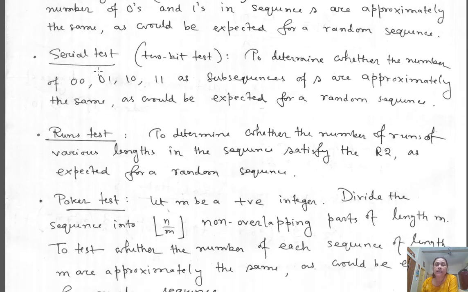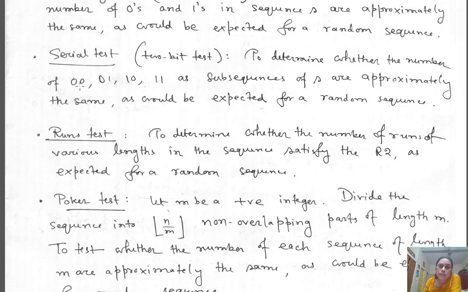Another is the serial test. What is the serial test? This is a 2-bit test to determine whether the numbers of 00, 01, 10, and 11 as subsequences of S are approximately the same as would be expected for a random sequence. So these are essentially runs of length 2.